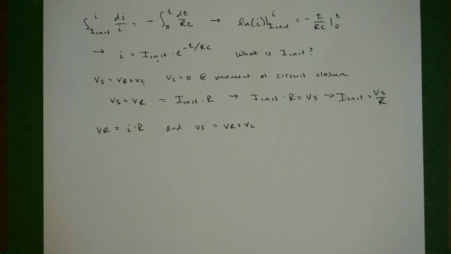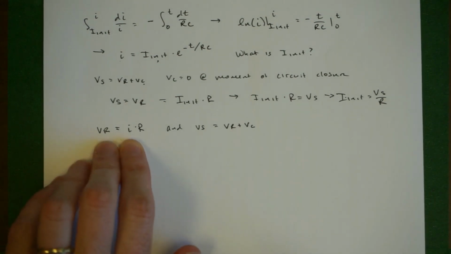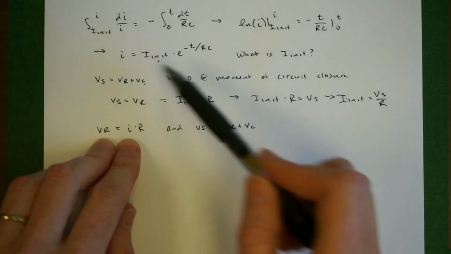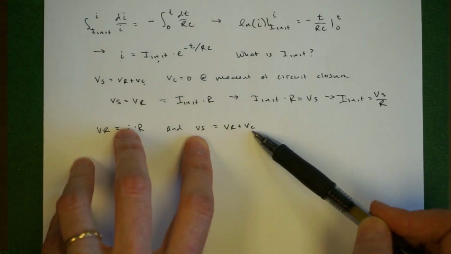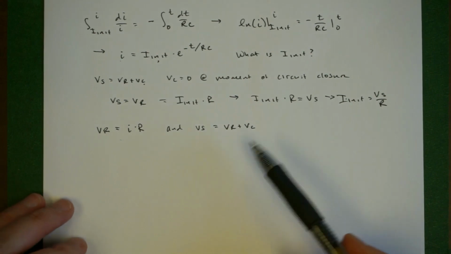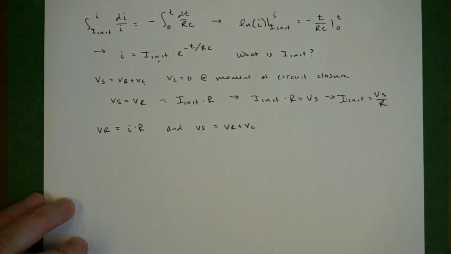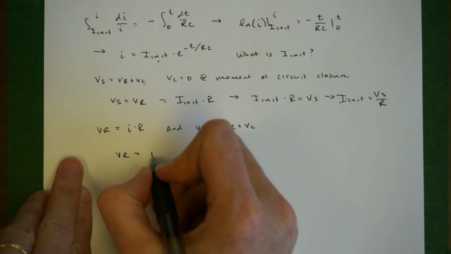So now we have the voltage across the resistor that we can determine based on our ability to calculate I at any moment in time, and then that allows us to calculate V sub c as a function of time as well, because we have this relationship between V sub r and V sub c and V sub s, which is constant.